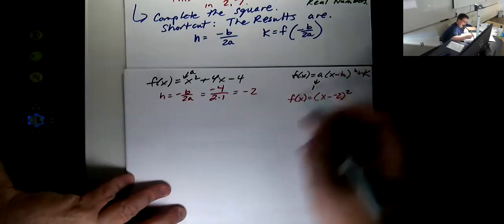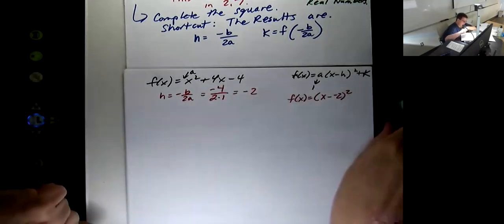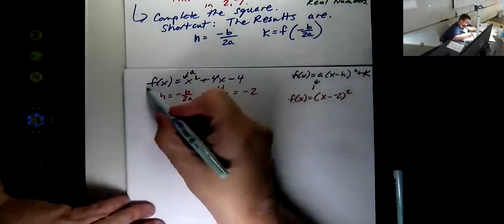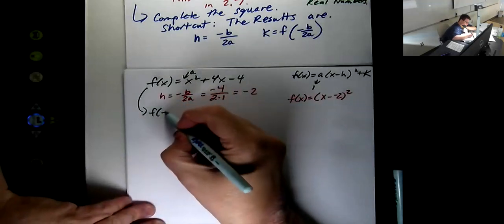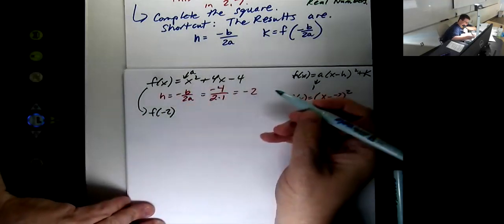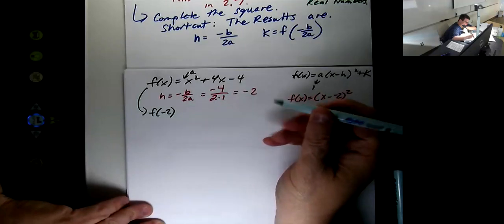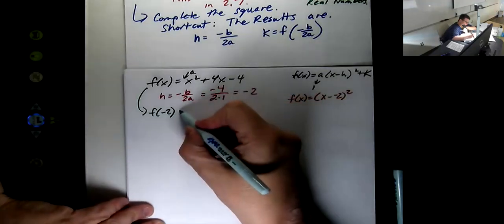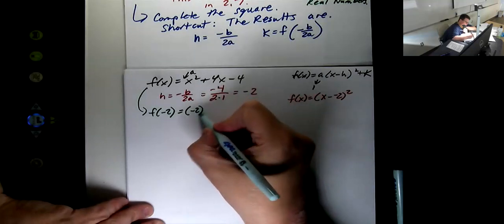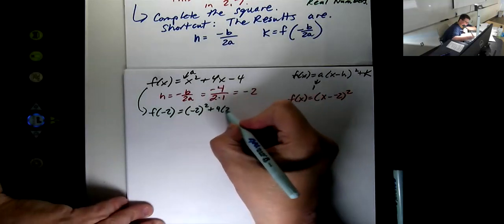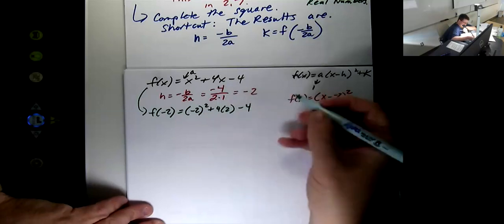And we can figure out k by plugging negative 2 into this function. F of negative 2 is negative 2 squared plus 4 times negative 2 minus 4.